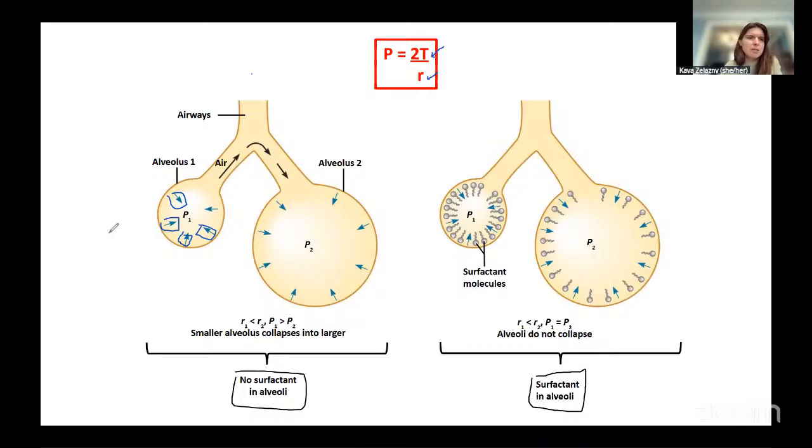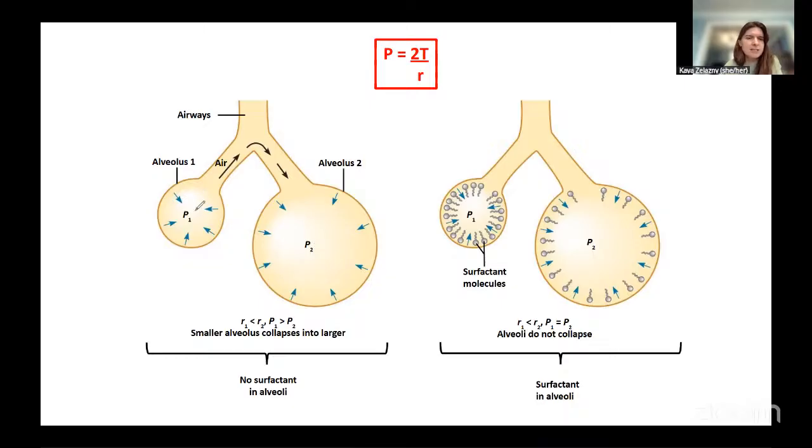Okay, so what happens here is that these differing sizes of the alveoli end up having this result where the surface tension, because of these different radii, means that you need a higher pressure to keep a smaller alveolus open versus a lower pressure in this larger one to keep the alveolus open.